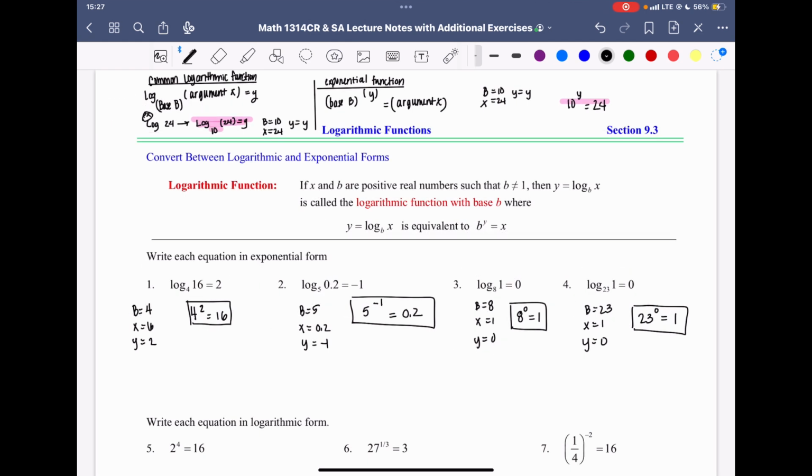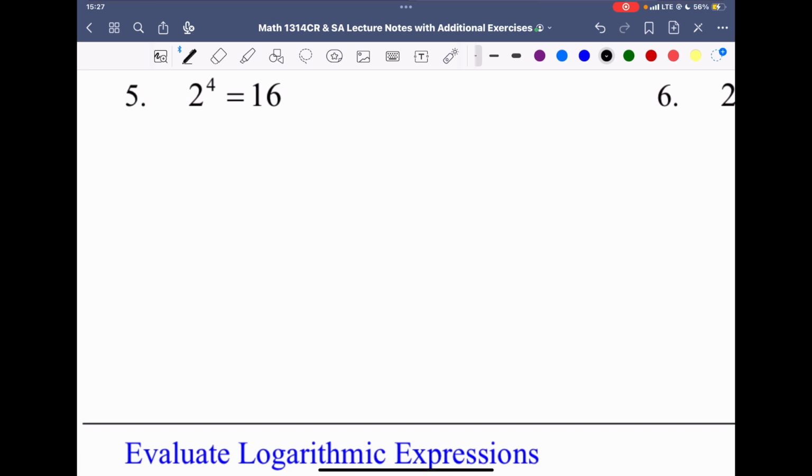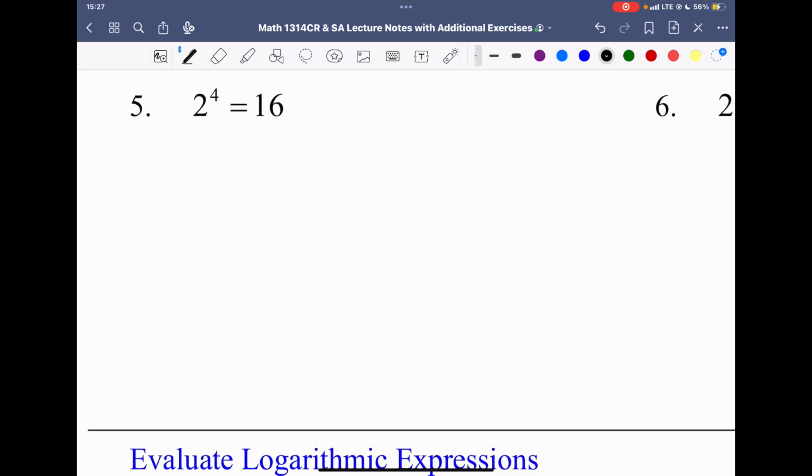Through 7, we're going to go from exponential form to logarithmic form. And we're doing common log. Just make sure we have this correct. I want to label these for you. It's not necessary to label them. It's just a way of organizing your work. So this one's going to be b equals 2.